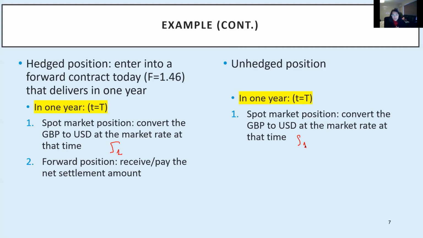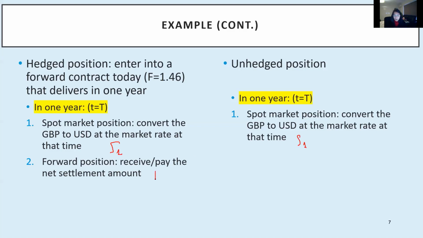Now, with the hedge position, you're going to have one extra step, which is to settle the forward contract. With a forward contract, you can do a net settlement, which is what people normally do. In that case, they settle the net amount in the forward contract.